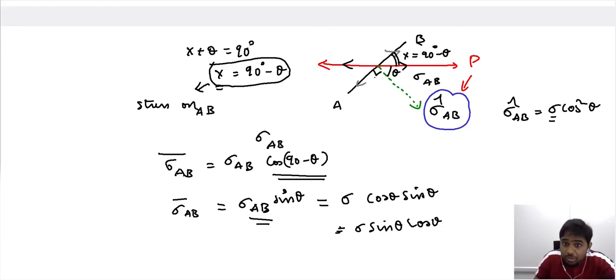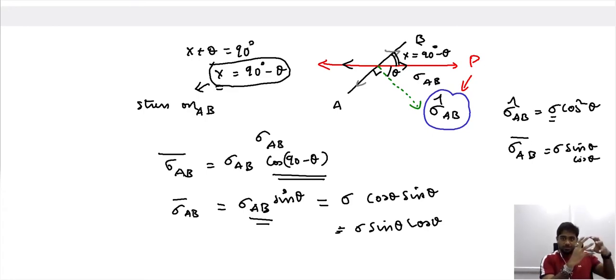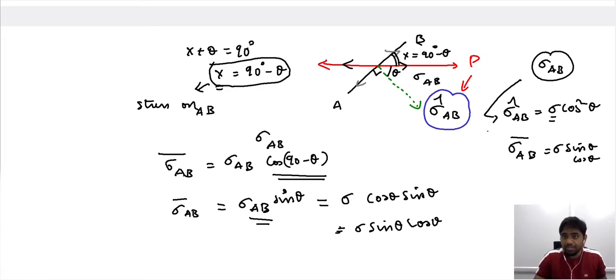And in addition to the stress acting along the normal direction, you have a stress acting on the surface of the region of interest. This we quantified as sine theta cos theta. So we have split the stress that a given region of interest experiences into two components, one component along the normal and the other component along the surface of the plane.